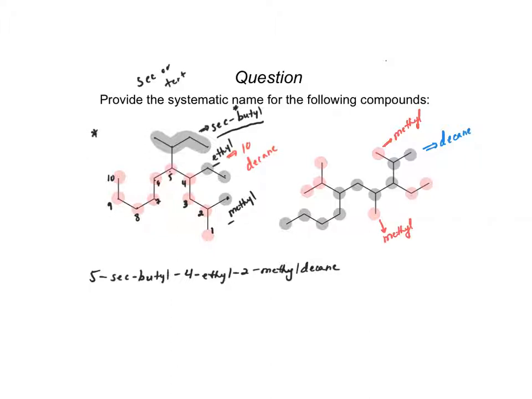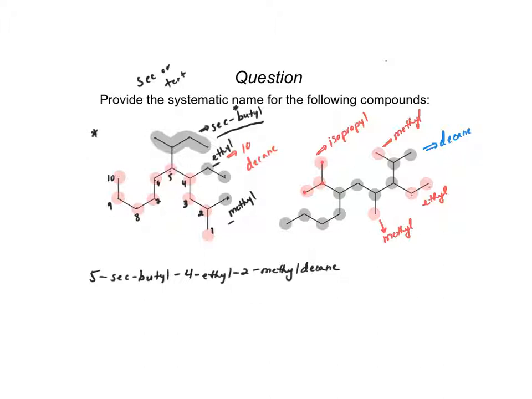Right, and then over here we've got 2 carbons, so this is an ethyl. There's no branching in that substituent. And then here we've got 1, 2, 3 carbons in a Y shape. So remember, this is a complex substituent. There is a branch. This is called the isopropyl group.